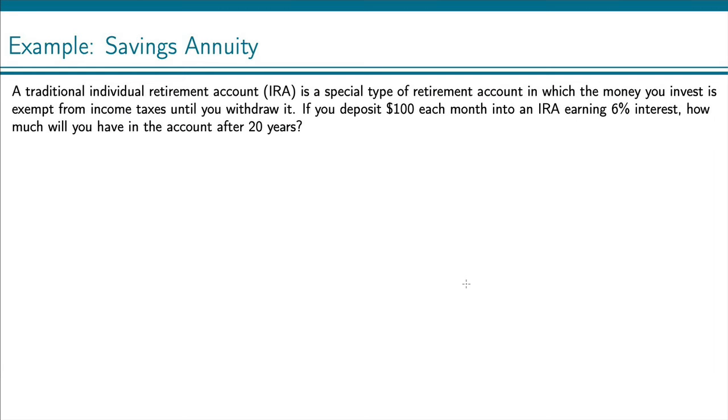So let's look at an example of a very common type of savings annuity. That is an IRA, an individual retirement account. It's a special type of retirement account in which the money that you invest is exempt from income taxes until you withdraw it.